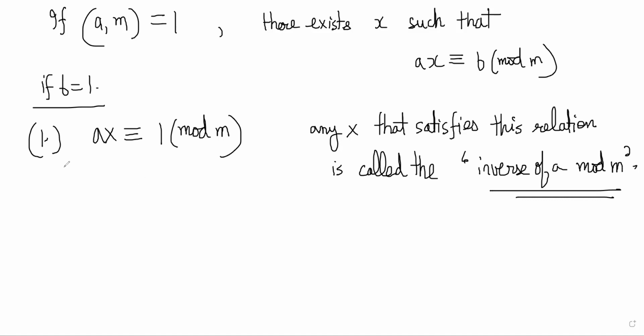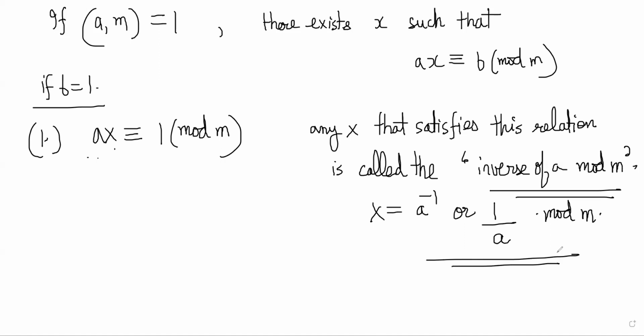It is called the inverse of a mod m because when you multiply a with that x, the product becomes 1 mod m, right? So in some sense, x is like a inverse, or you can even write it as 1 by a mod m, right? So any x that satisfies this relation is going to be called the inverse of a mod m.